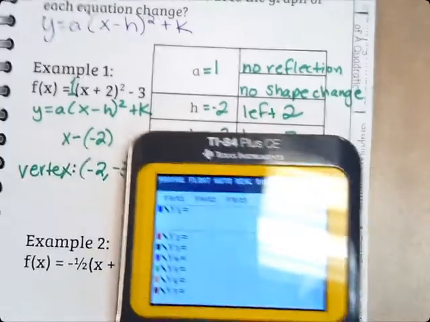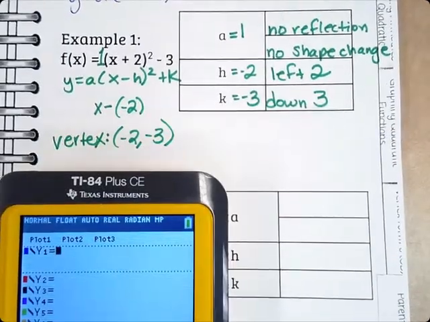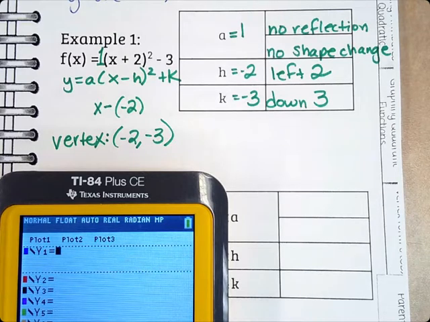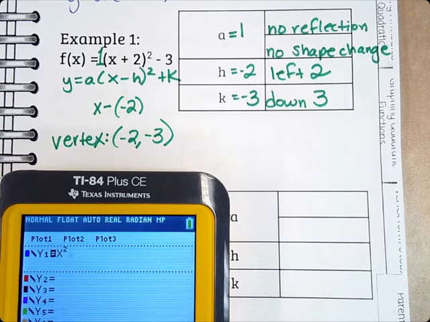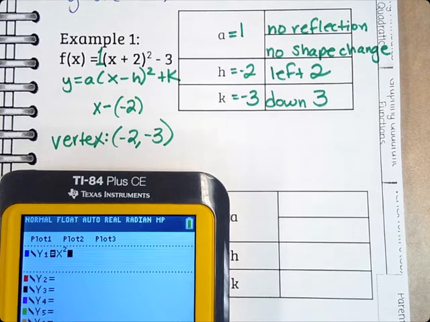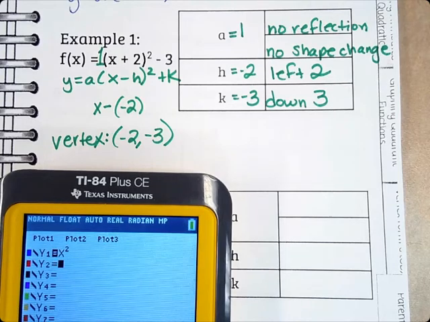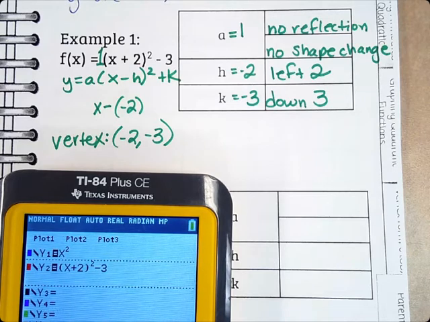So everybody get out your calculator. We're going to put in the original quadratic function, so y equals x squared. That's our parent function. And then y2 will be the function that we're given, (x plus 2) squared minus 3.